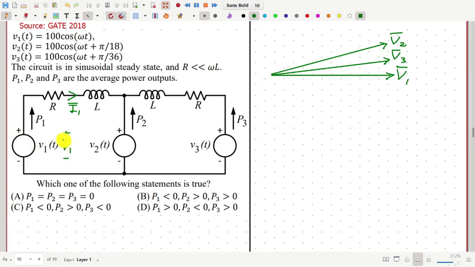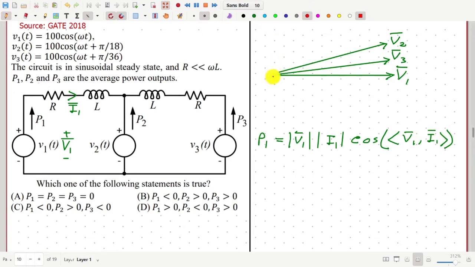Then the average power output by the source P1 is equal to magnitude of V1, magnitude of I1, and cosine of the angle between the phasors V1 and I1.